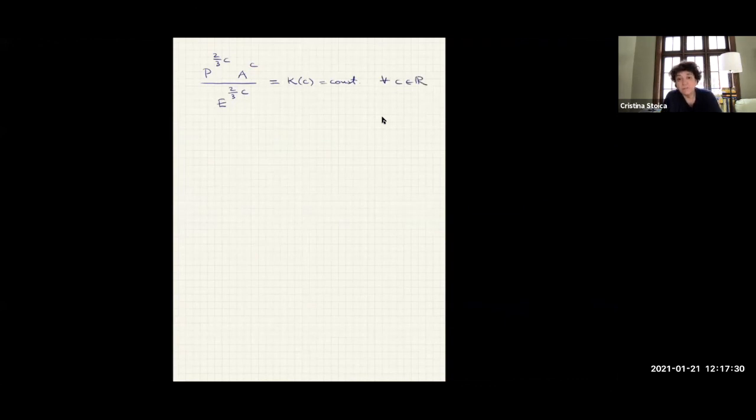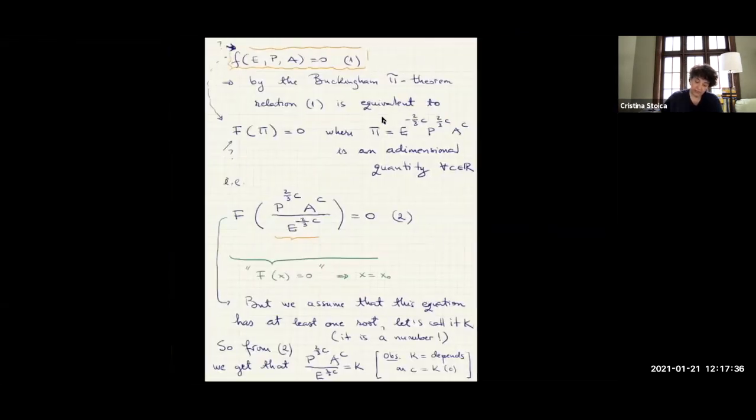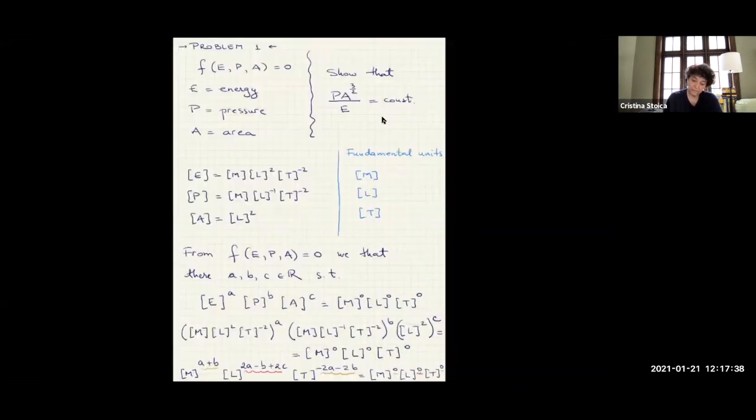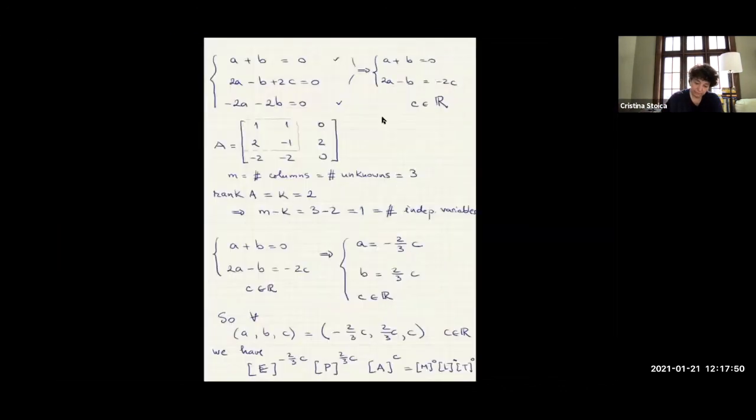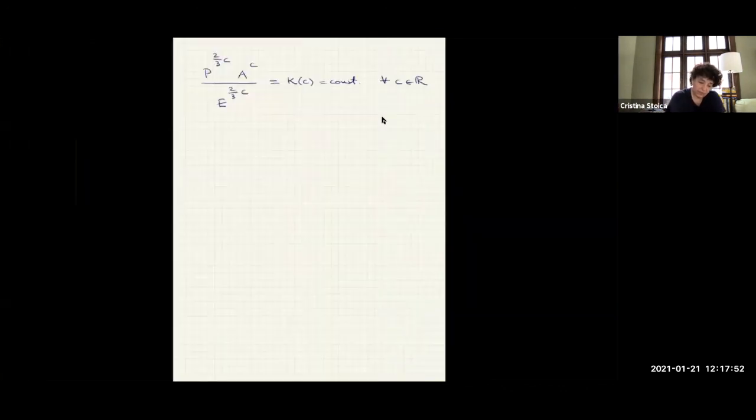And now let's remember what we were asked to prove. We're asked to prove that PA at 3 over 2 over E is a constant. Fine. So we have to choose that little c in order for this relation to become that one. So I'm going to choose C to be 3 over 2. Why?